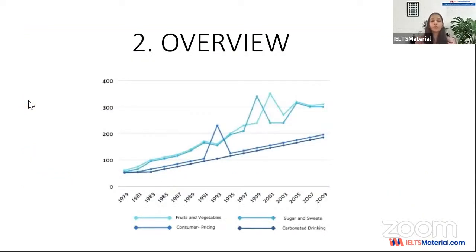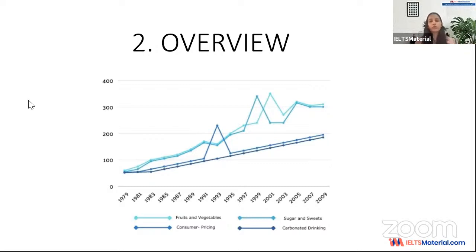Now what do we do in overview and how is it different from body paragraphs? In overview, we only talk about the main features, the overall trend. Make sure that you do not write any data, figures, percentage, years, or anything. You can talk about general trends like the increase or the decrease, the highest point or the lowest point.